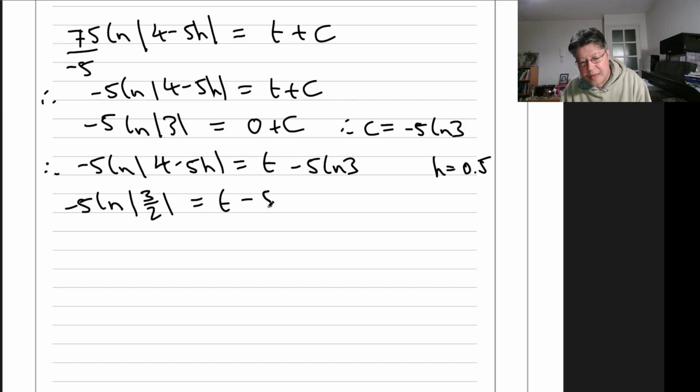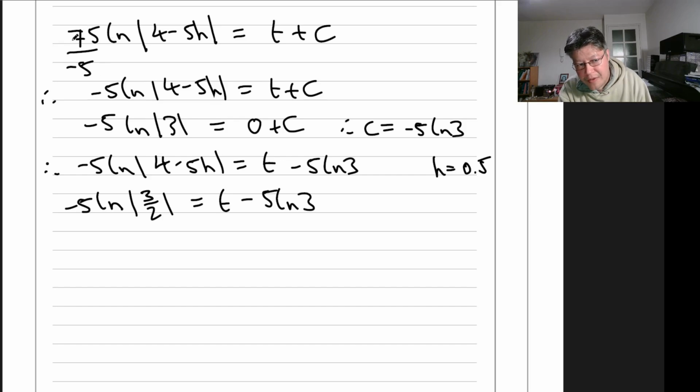equals t minus 5 ln 3, and it's actually not a 5.